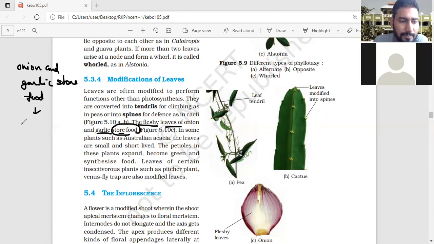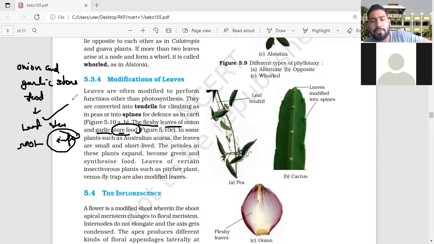Is it the leaf, stem, root, or inflorescence? So then what will be the correct answer? Leaf. Okay, it is the leaf because this is the NCERT line. In this one, this is the confusion.